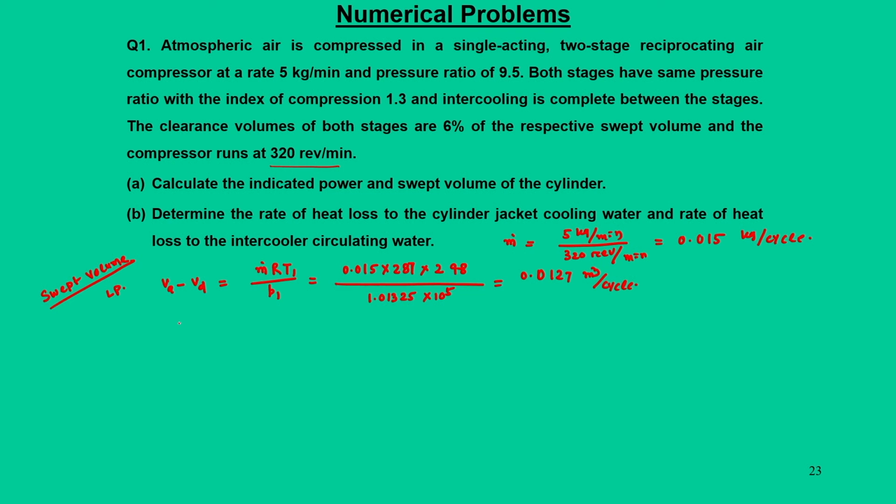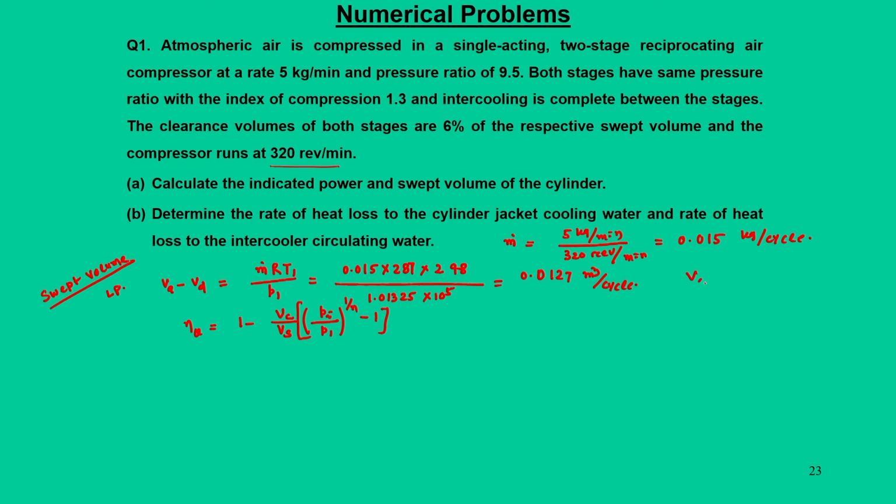So, we can now write the volumetric efficiency as 1 minus Vc by Vs into (Pi by P1) to the power 1 by n minus 1.